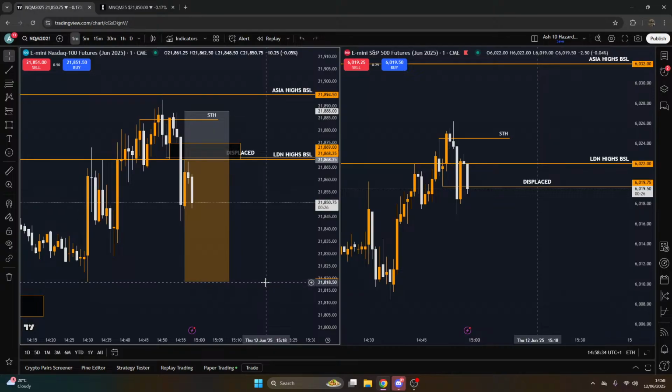So this looks like it's going to run without us. We're literally 2 ticks off getting tapped in.